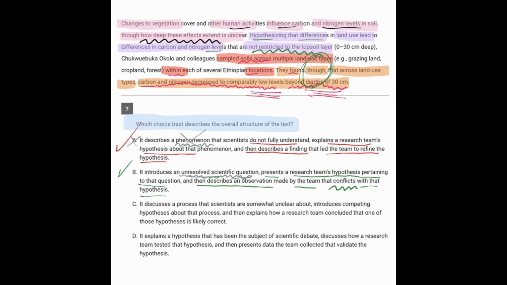Looking at C now, it discusses a process that scientists are unclear about. We're not talking about a process, we're talking about sort of the pollution-related effects of human activity. So it's not something we would describe as a process. And then D explains a hypothesis that has been the subject of scientific debate.